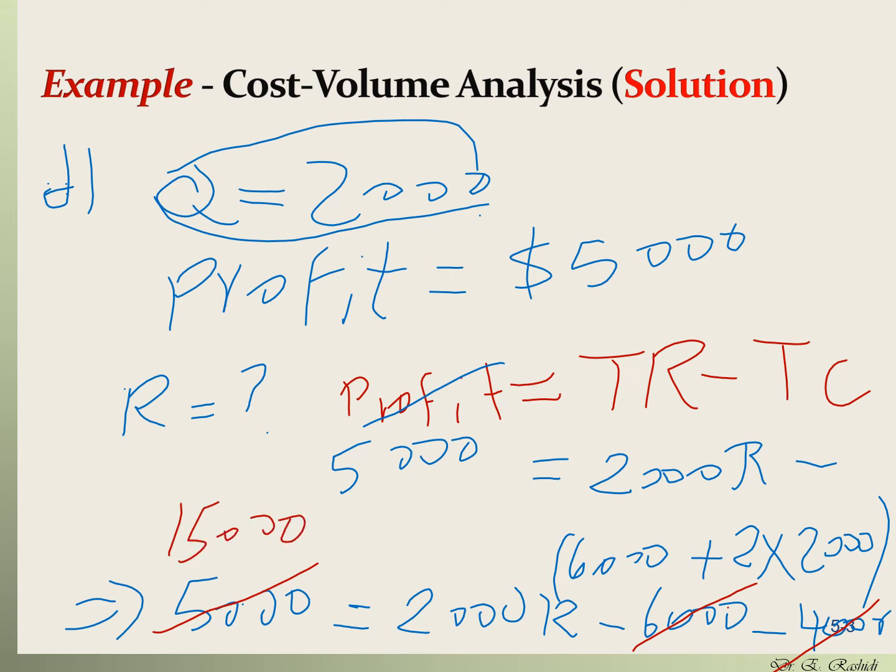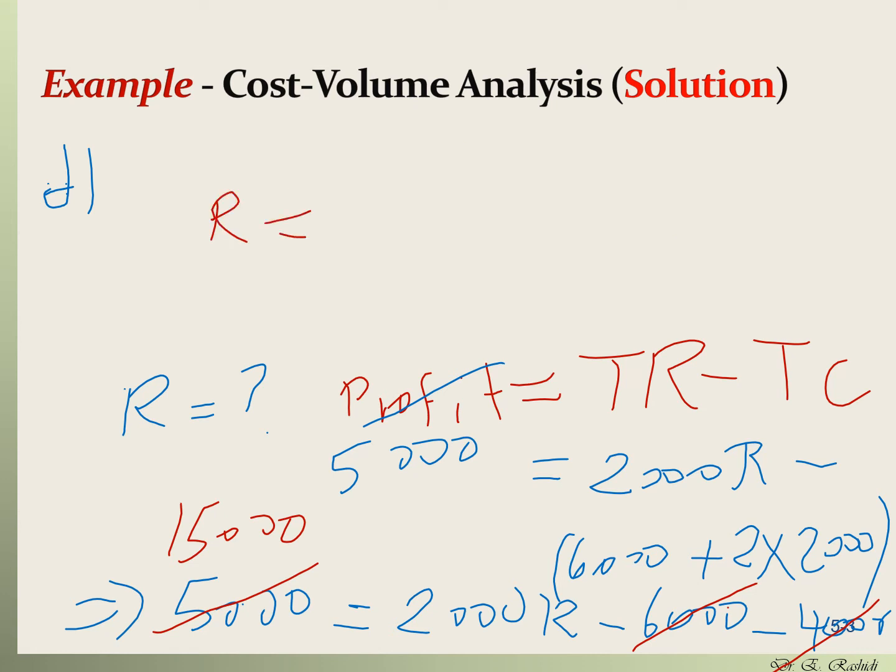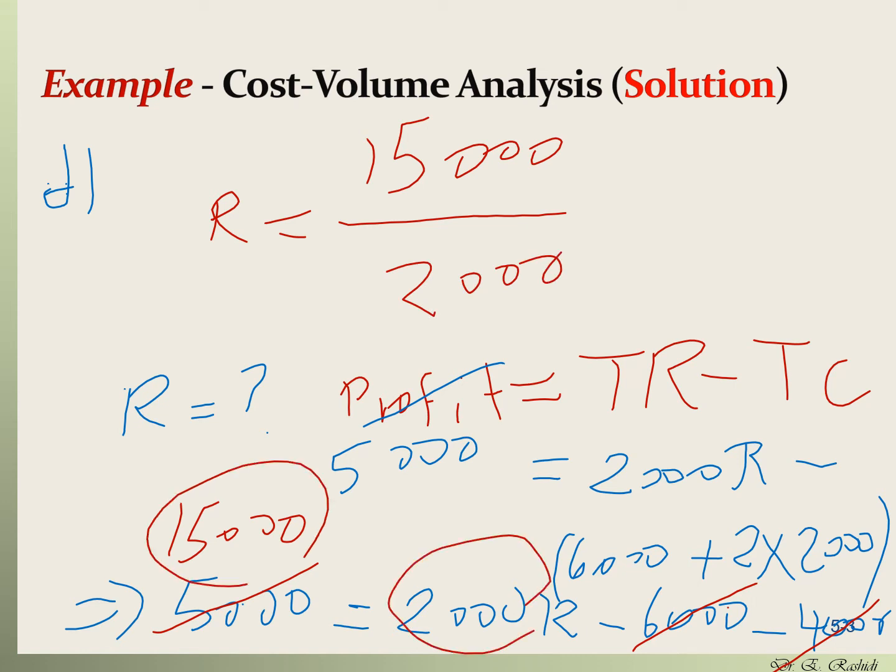So 15,000 is equal to 2,000 R. That means that R is equal to 15,000 divided by 2,000, which is equal to 15 divided by 2, which is 7.5. So the price target should be $7.5. If we charge $7.5 per pie and we sell 2,000 pies, we're going to make $5,000 profit.